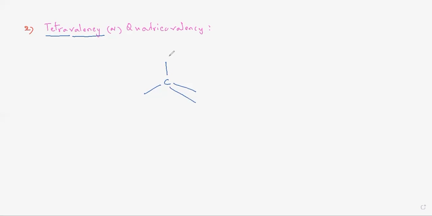These 4 atoms may be carbons, they may be hydrogens, they may be some heteroatoms, like nitrogens, sulfurs, halogens, or oxygens. So these 4 bonds may be with any of these atoms. But remember, every single carbon is able to form 4 strong covalent bonds.